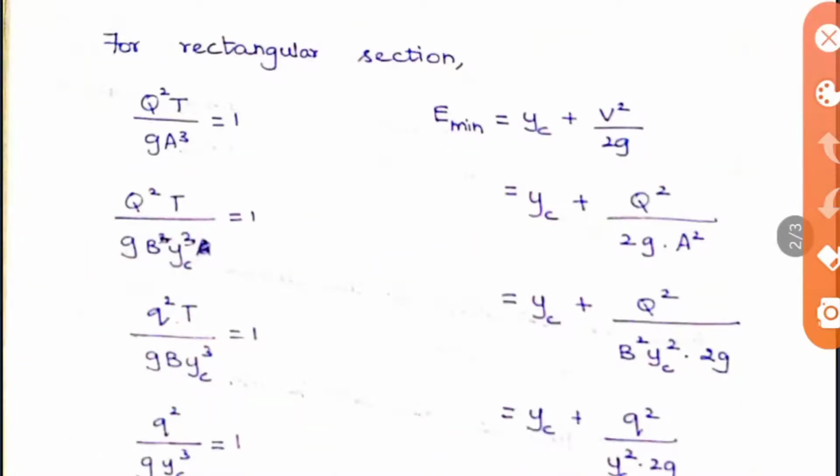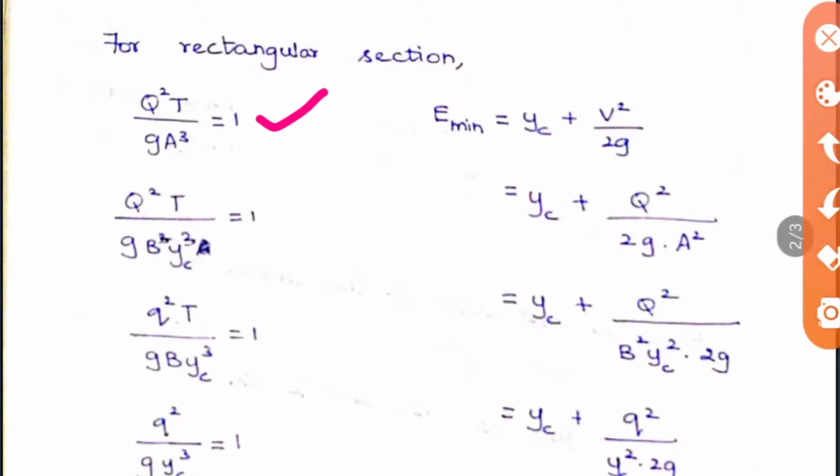Now we are taking the rectangular section as an example, and we are going to get the final relationship between the energy and the depth. So here I have taken this formula, q square T by g a cube is equal to 1. You can write q square T by g b cube yc cube, because A can be written as b into yc, so b cube into yc cube. This q square by b square can be written as small q, the discharge per unit width.